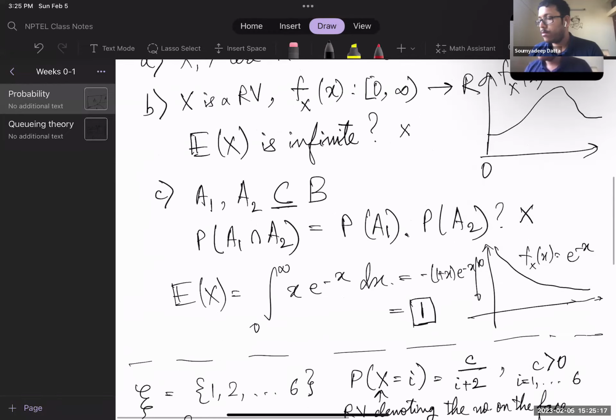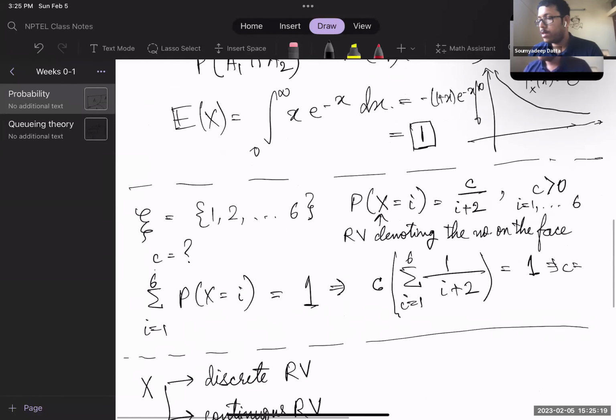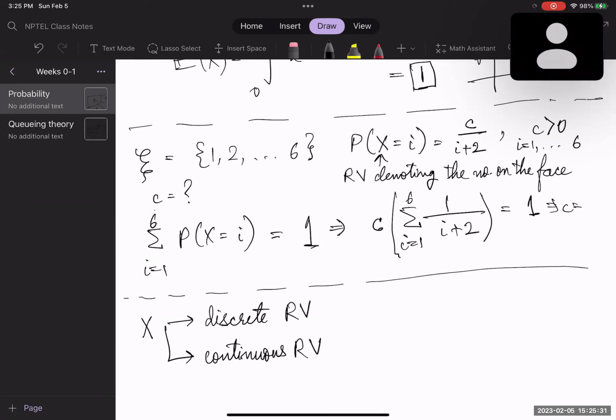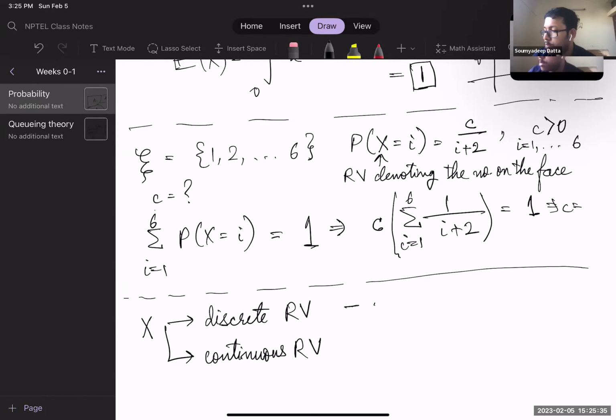This random variable that we just discussed here, where x denotes the number on the face of a die, what kind of random variable is this? This is a discrete random variable. Yes, this is discrete. So one example is the face of a die.